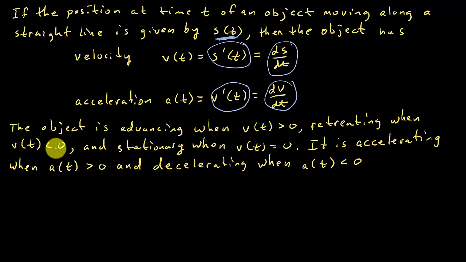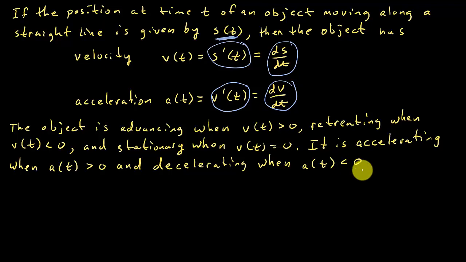So if the velocity is positive, it's advancing. If it's negative, it's retreating. And then if the velocity is equal to 0, that means it's stationary, it's not moving. And then it is accelerating when the acceleration is positive, and it's decelerating when the acceleration is negative.